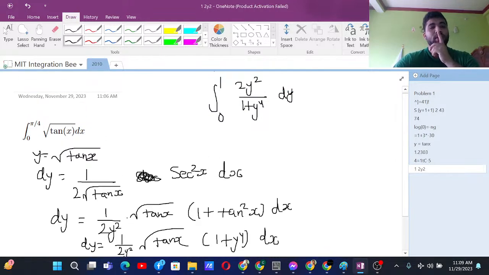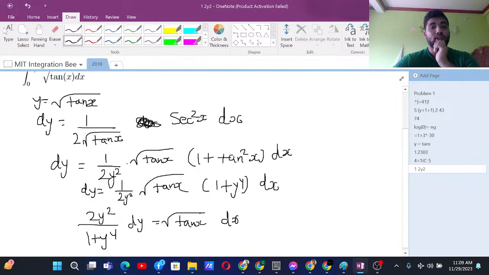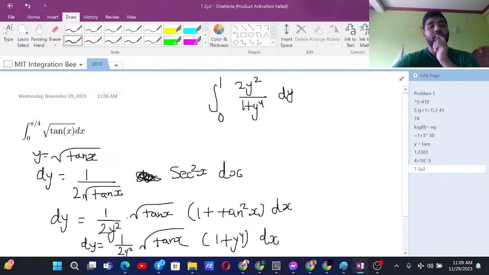It seems like we can use beta gamma functions, but I'm not really sure about that. I think we have to go with some other techniques, since beta gamma function involves 0 to infinity, but we don't have that.